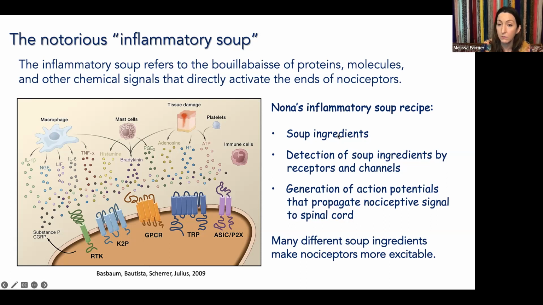So you need the ingredients, you need the detection of the ingredients, and you need the neuron to carry that information to the spinal cord, which then passes on to the brain to say, hey, we have a signal here that's potentially noxious and dangerous. And all of these ingredients make nociceptors, or these sensory nerve endings, more excitable.